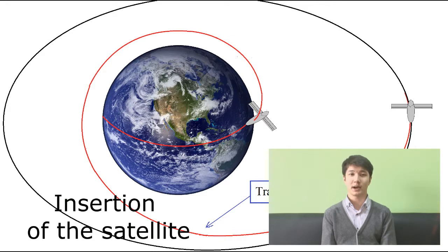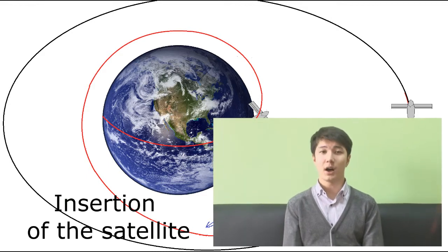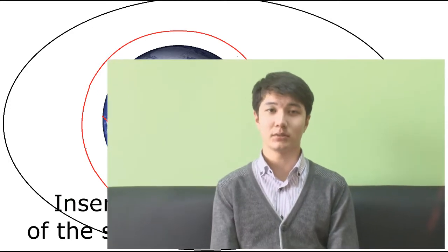It goes along a helix trajectory around the Earth until it reaches a height of about 3,000 kilometers above sea level. Only at this height can the satellite be called geostationary.